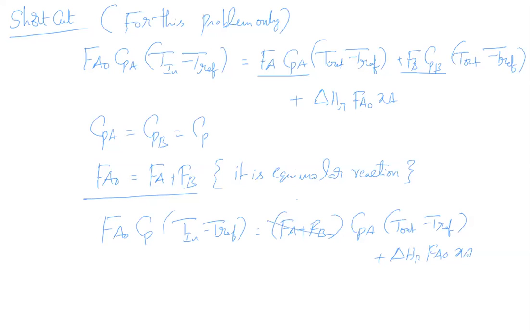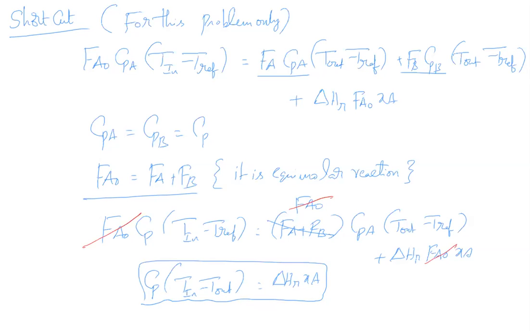But FA plus FB is FA naught, no? Then FA naught on both sides will cancel. Then you will get Cp into (T in minus T out) is equal to delta HR into XA. So this is the equation.